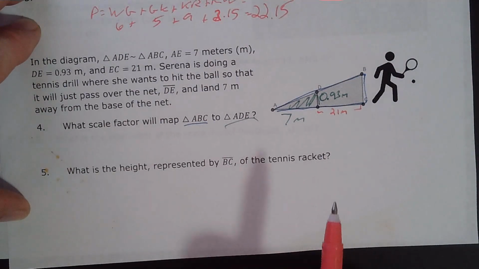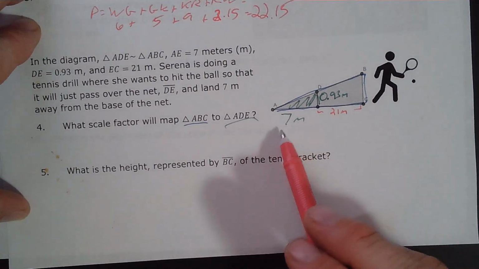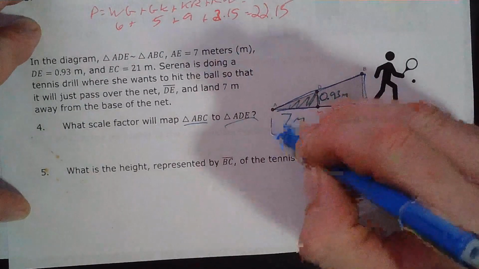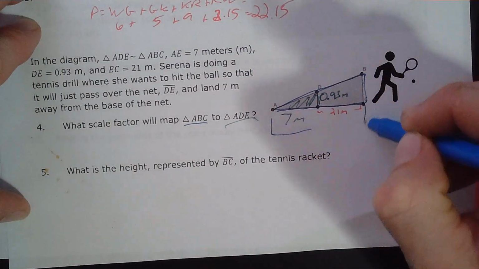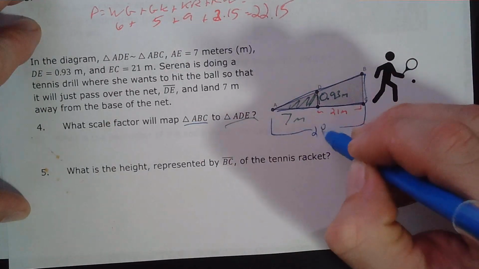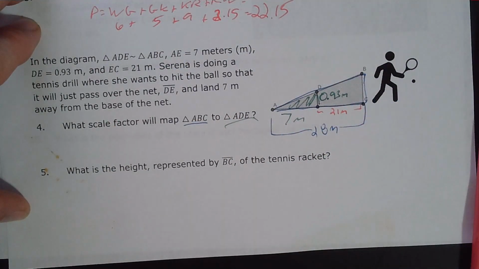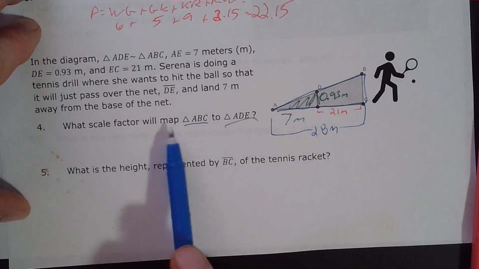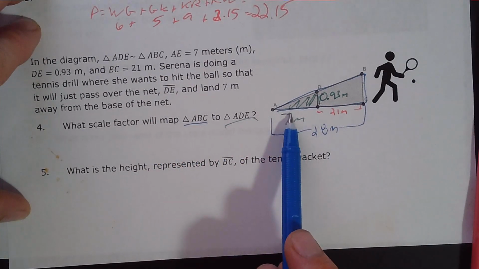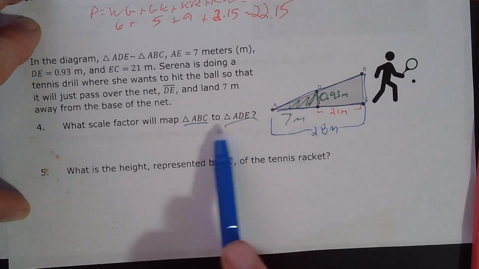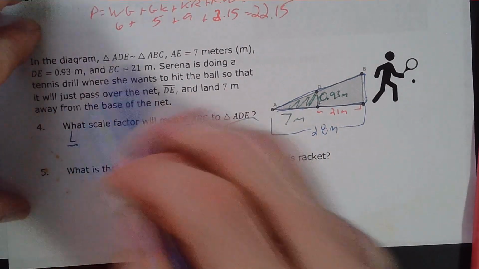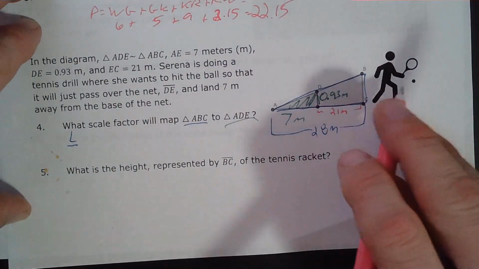So what's the scale factor? Well, this blue length is this plus this. So this is 28 meters. Okay, so our scale factor of little to big means little over big.